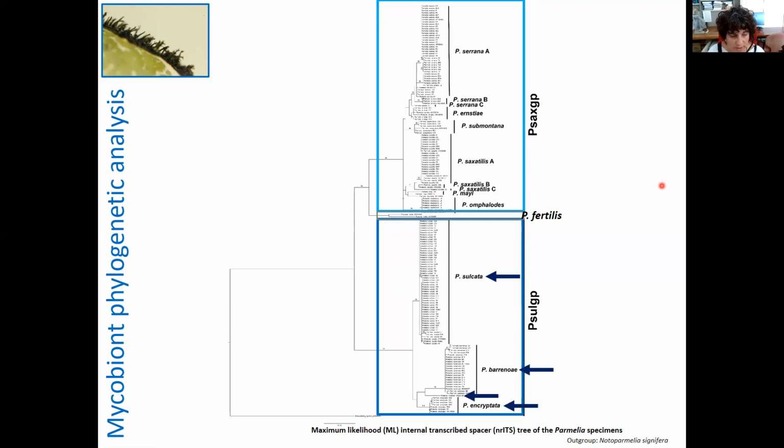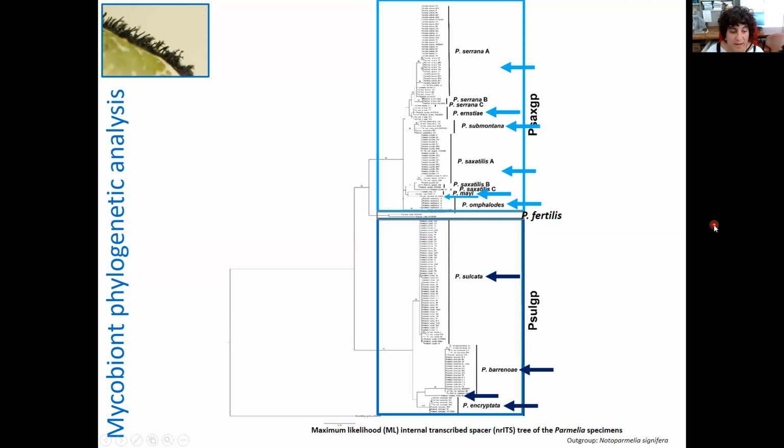The Parmelia sulcata group included 4 clades: Parmelia sulcata sensu stricto, Parmelia barrenoae, Parmelia fraudans, and Parmelia encryptata. The Parmelia saxatilis group included 7 clades: Parmelia serrana, Parmelia ernstiae, Parmelia submontana, Parmelia saxatilis, Parmelia mayi, and Parmelia omphalodes.